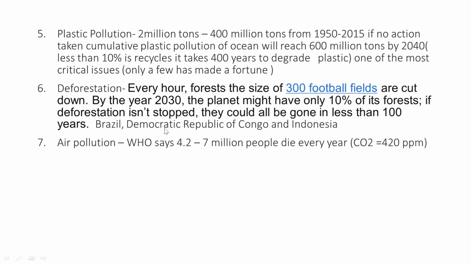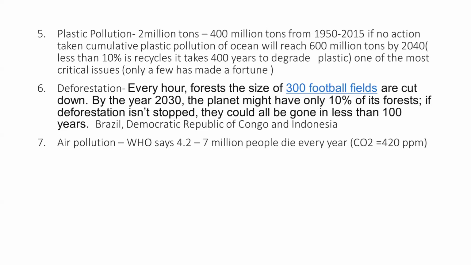Brazil, Democratic Republic of Congo, and Indonesia have the world's biggest rainforests: Amazon, Congo, and Indonesia, the Sumatra, Java area.